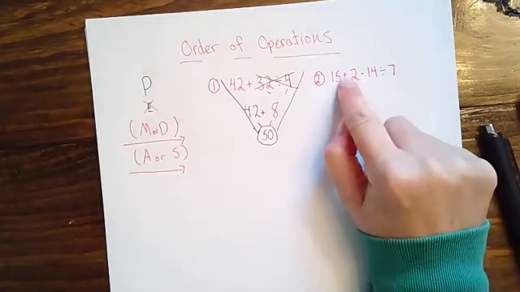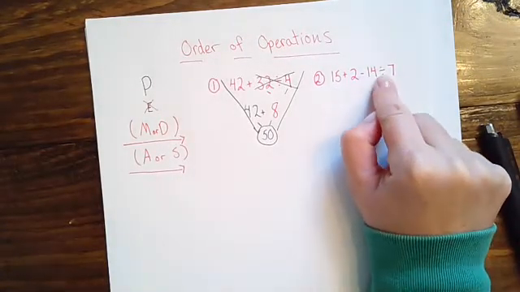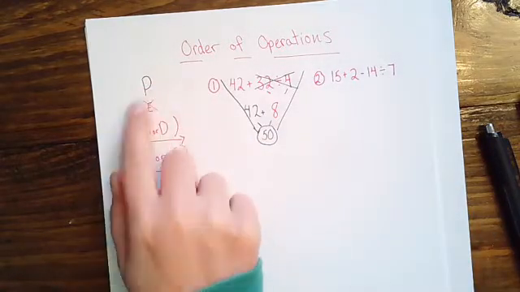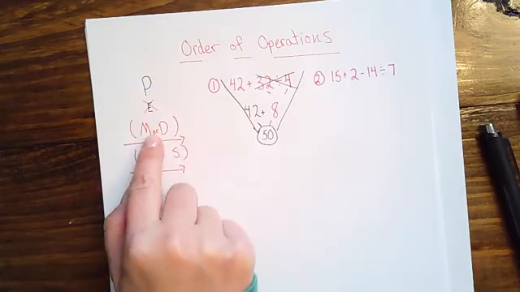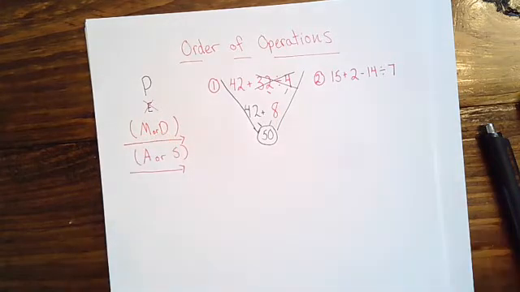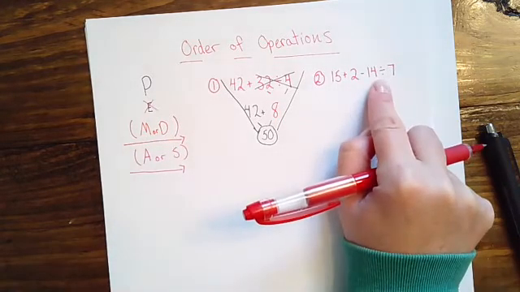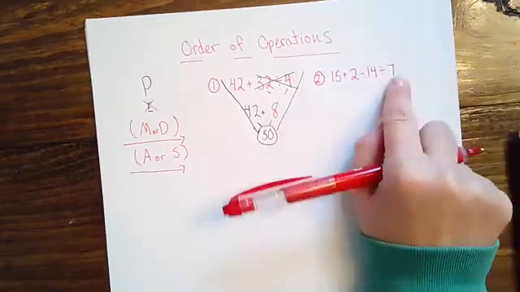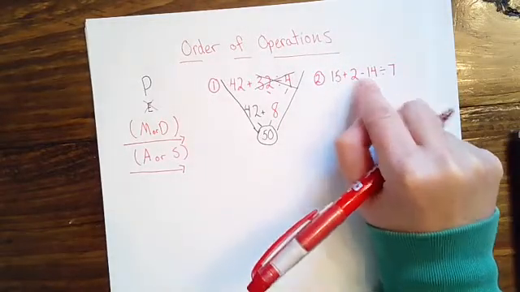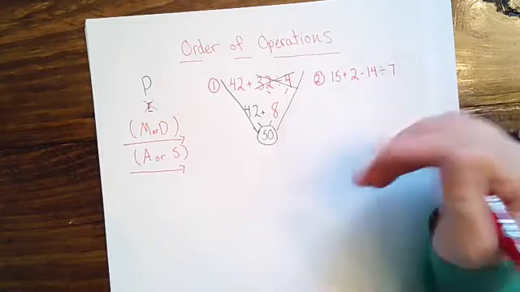So we've got addition, subtraction, and division. Looking at our order of operations, there are no parentheses, there are no exponents. So the first thing we do is multiplication or division, whichever one comes first. This problem has division here, okay? So we're going to do the division step first because the only other steps are addition and subtraction, so we don't do those first. Those come next.